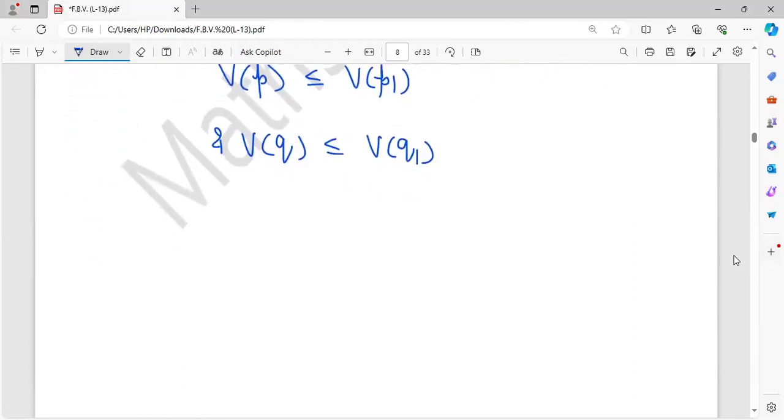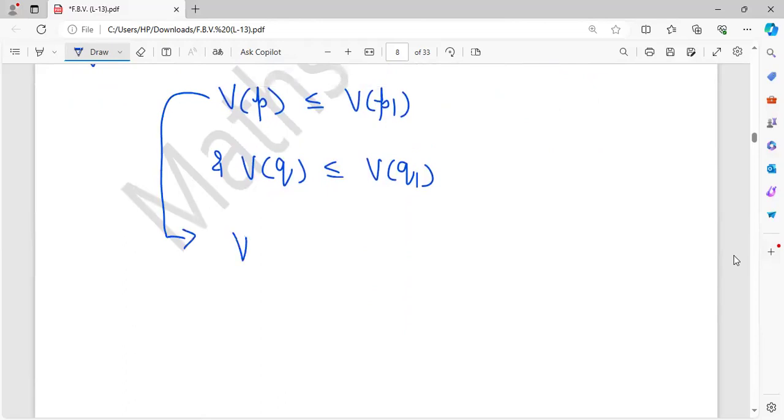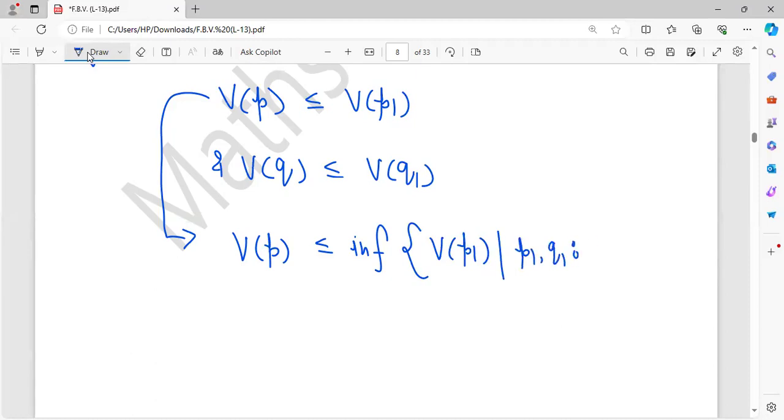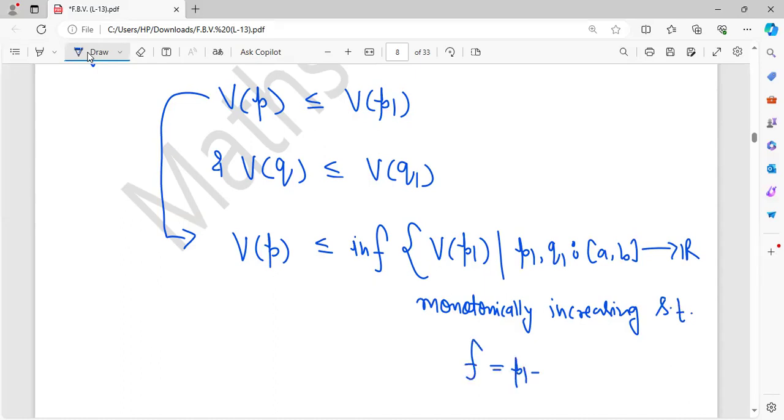So from this, what we have? We have VP is less than or equal to infimum of VP1 such that P1, Q1 from closed interval AB to R monotonically increasing such that F is equal to P1 minus Q1.